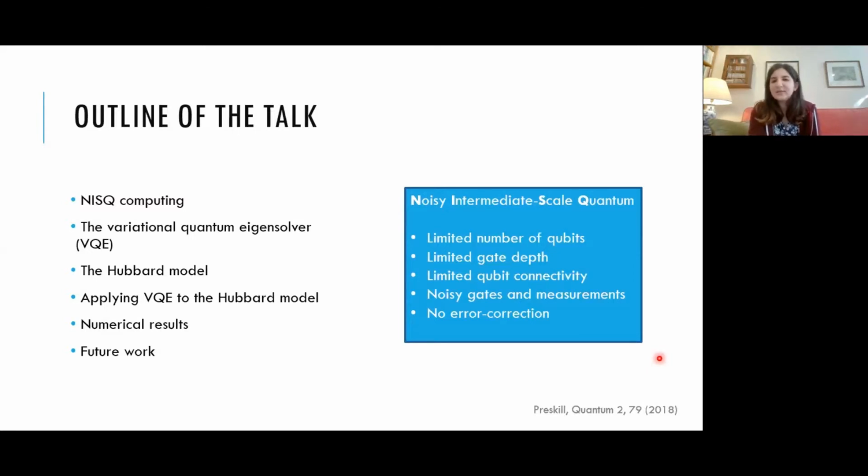There's limited qubit connectivity, so you can't just apply an arbitrary 2-qubit gate between any 2 qubits. Everything's noisy, so there are noisy gates, there's readout error, and there's also no error correction, so you have to account for any errors yourself, either in the algorithm being robust to noise or in how you deal with noise afterwards.